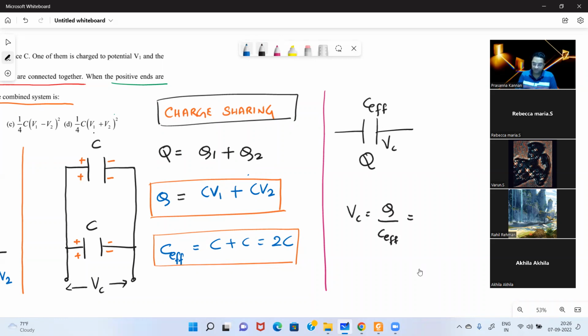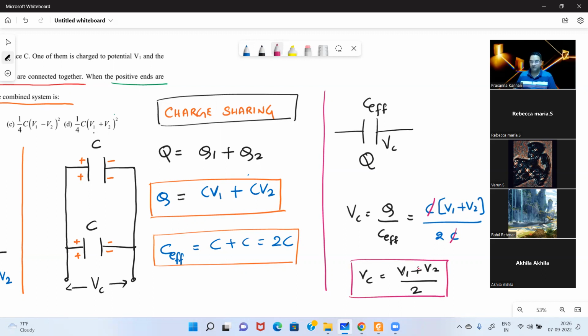What is the charge? CV1 plus CV2, or if I take C outside, it is V1 plus V2, divided by C effective, which is 2C. So we get the common potential in this case as V1 plus V2 divided by 2.